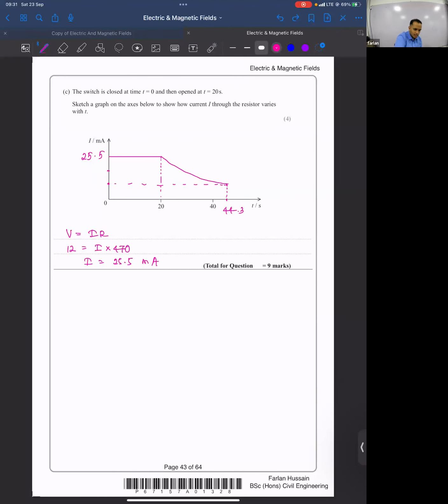For the current to become 1/3 of the original value, it will take 24.3 seconds from the moment you start using the capacitor. You started using the capacitor when the time is 20, so 20 plus 24.3 is 44.3. That is the time at which the current through the resistor will become 1/3 of the initial value.